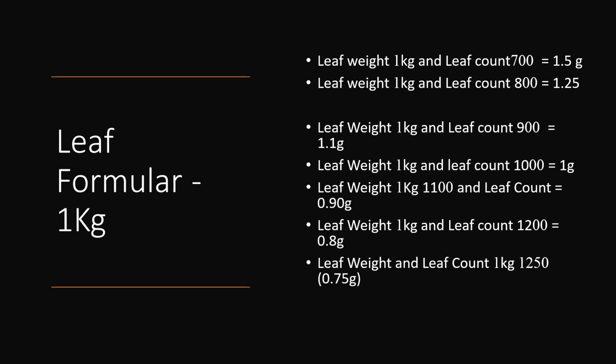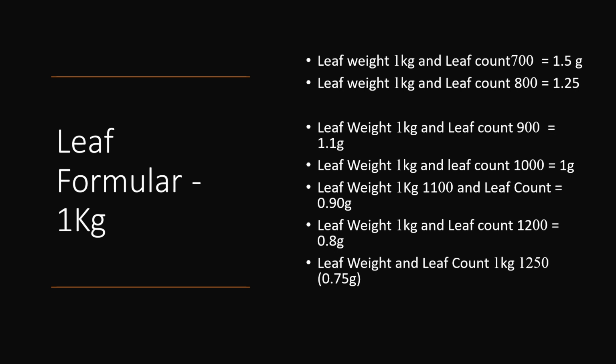On some other estates we found 900 leaves have to be plucked from the field to generate 1 kilogram. That means 1.1 grams per leaf. And when you look at this data, some estates have to harvest around 1,200 to generate 1 kilogram.